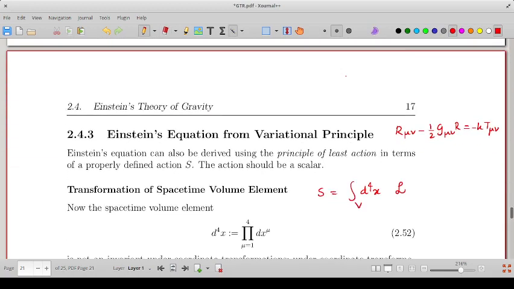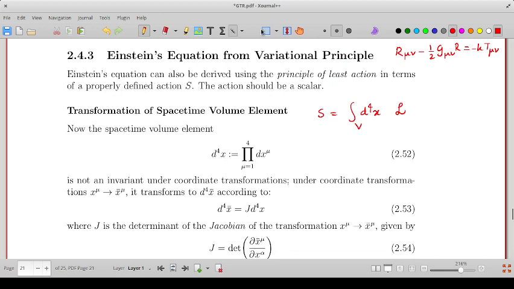The requirement that the action integral is a scalar quantity, so that it is the same for all frames of reference and all observers, puts some restrictions on the form of the Lagrangian and also of the integration measure that we can choose.